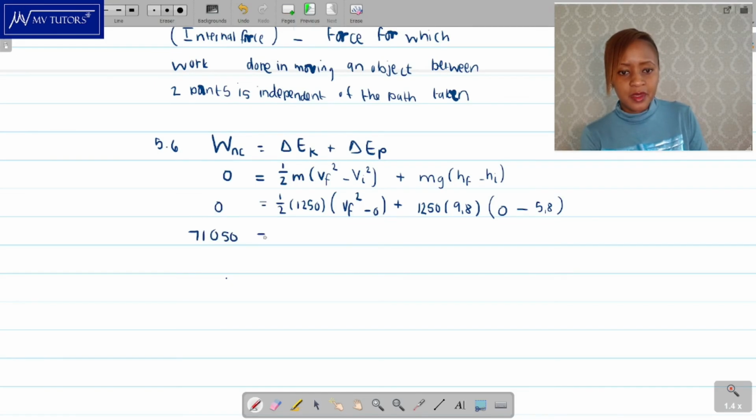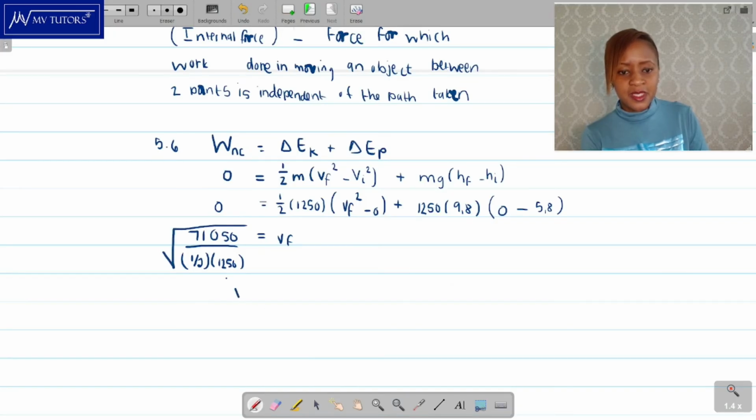We can divide it by a half times 1250, and we have our final velocity squared. If we want the final velocity, then we can root all of this.